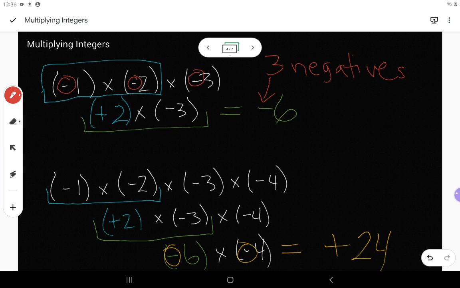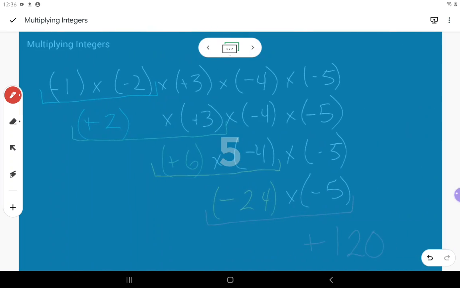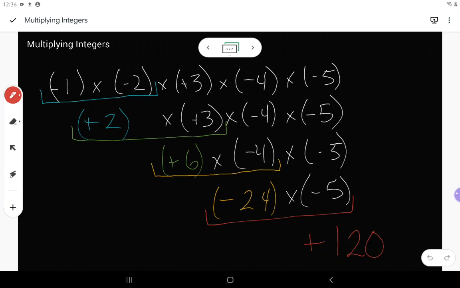Let's look at the next one. I had 1, 2, 3, 4 negatives multiplying together. That gave me an even number of negatives, and that gave me a positive. Now, I'm saying this very specifically. It is the number of negative integers, not how many numbers there are.